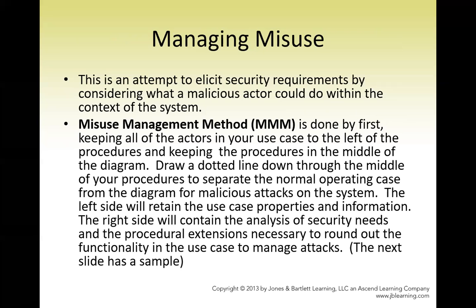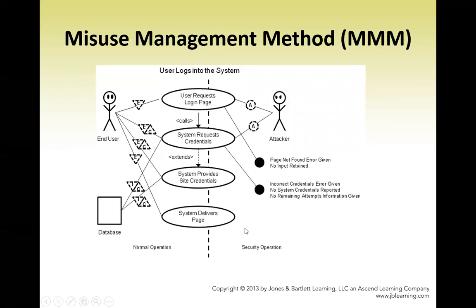The right side will contain the analysis of security needed and the extensions necessary to round out the functional use case to manage an attack. In the next slide, we will have an example. So technically, we have here an attacker and a user, showing what we should have and what we should not have, what we should see and what we should not see. That's the misuse management method.